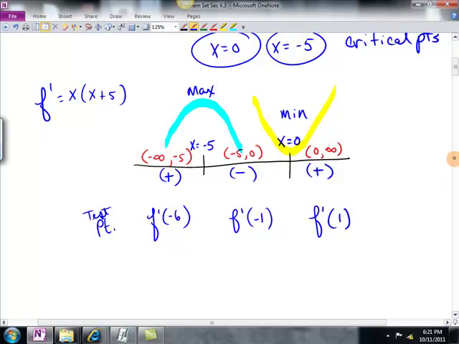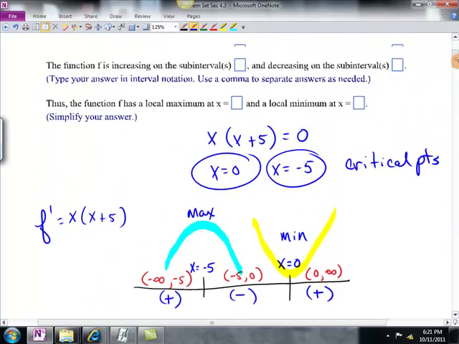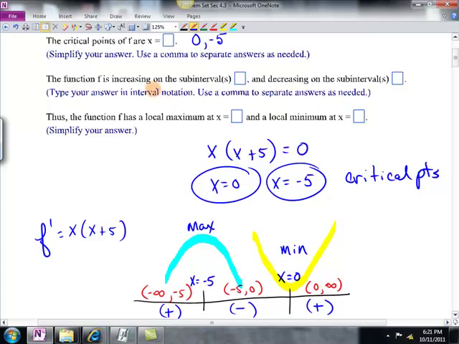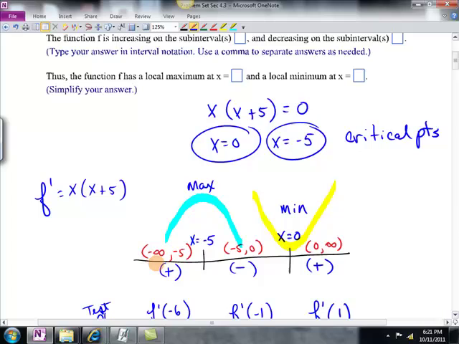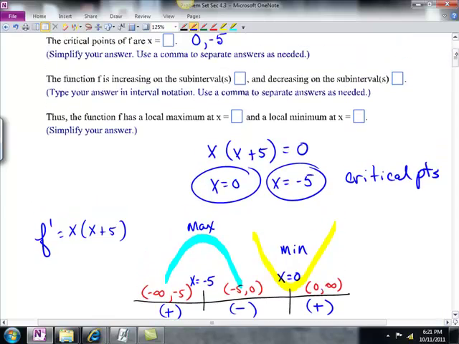Okay, so let's go back up and see what it actually asked. It said it's increasing on the intervals. That means where's it positive? So these two intervals here, -∞ to -5 and 0 to infinity, would be right here. So -∞ to -5. Use a comma in between, and then 0 to infinity.